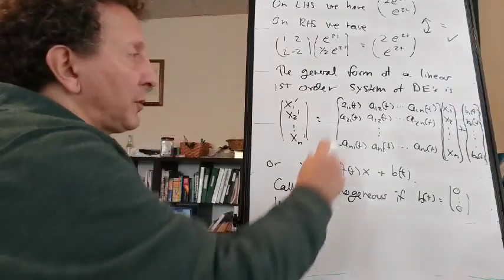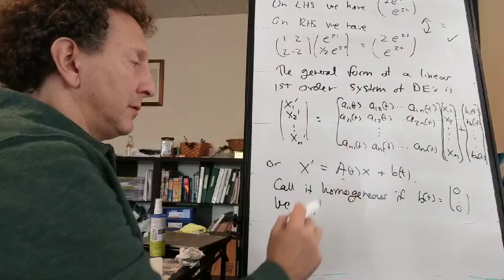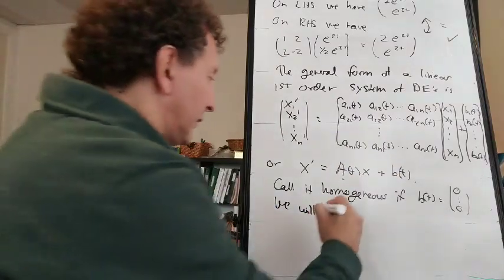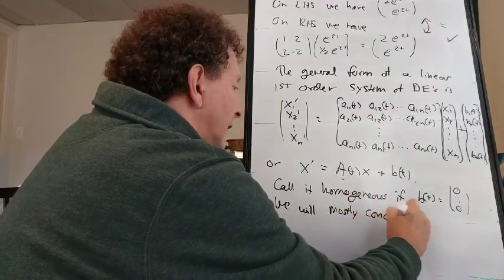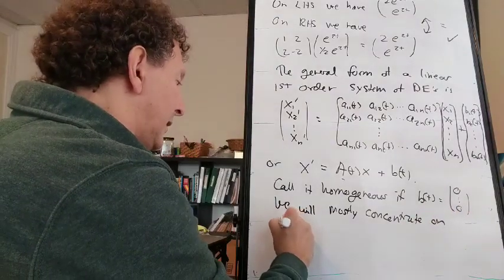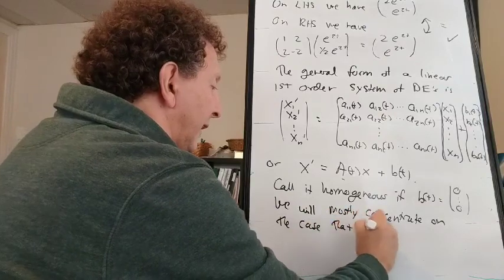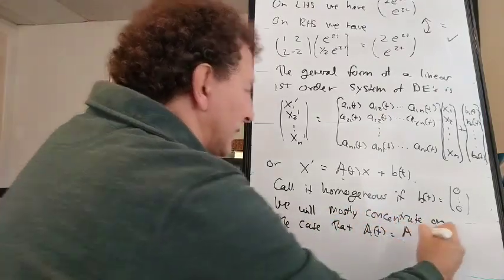Now, while it's possible to have functions of t in the matrix, often we just have constants. In fact, we're going to concentrate mostly on the case where there's just constants. So we'll mostly concentrate on the case that A of t is just a matrix of constants.